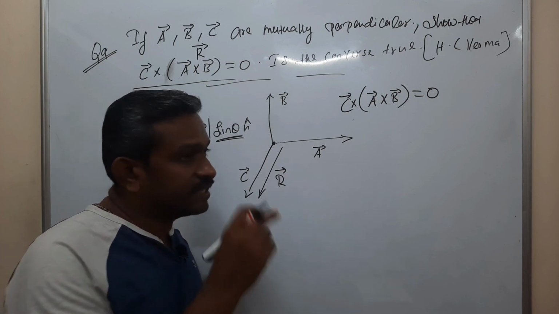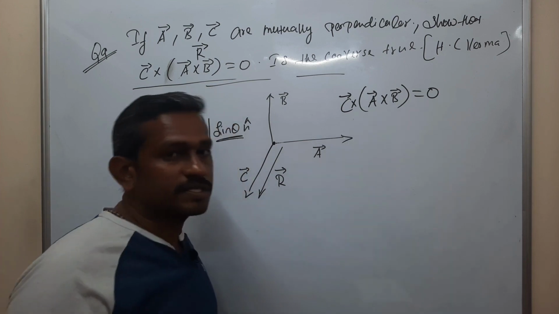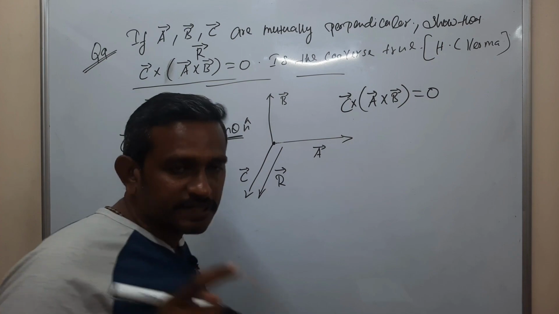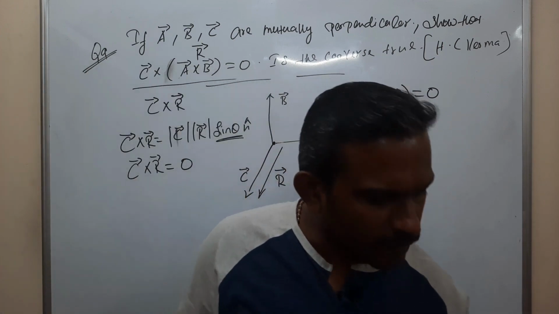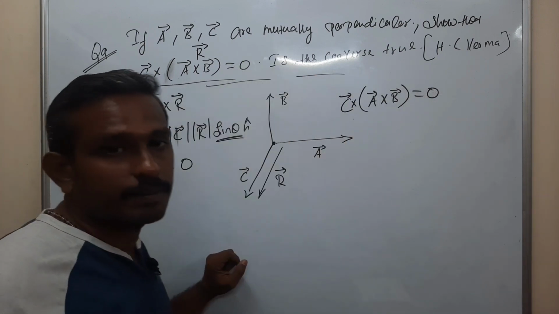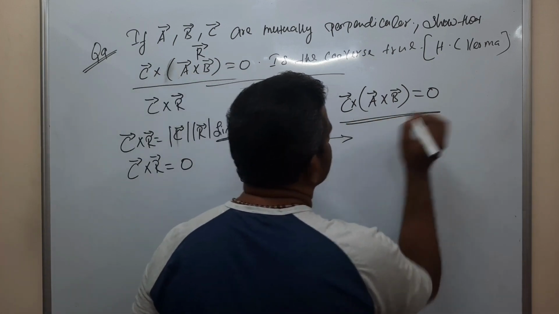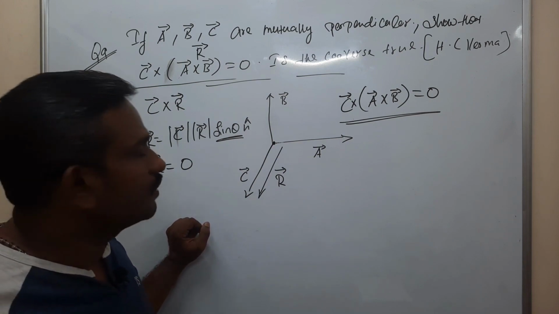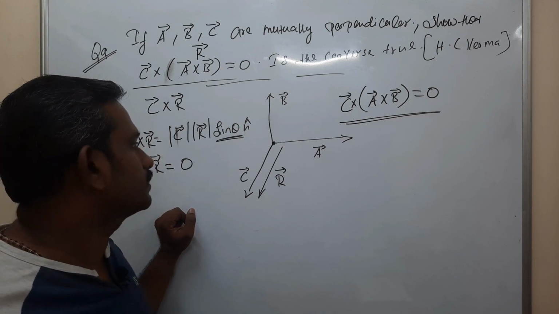Now, will these three vectors necessarily be perpendicular, or would these three vectors be perpendicular? This we can prove. This condition is given. Will these three vectors necessarily be perpendicular?